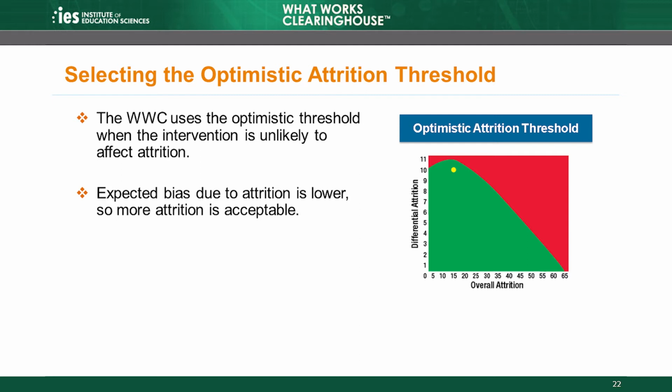It's unlikely that a reading intervention will directly affect the probability that students will leave a study. For example, families are not likely to move because their child's school is using a certain reading instructional strategy. The expected bias due to attrition is lower in situations like this, so more attrition is acceptable.